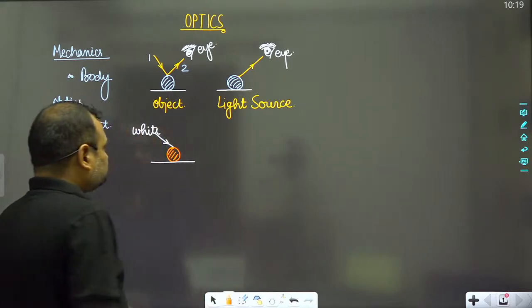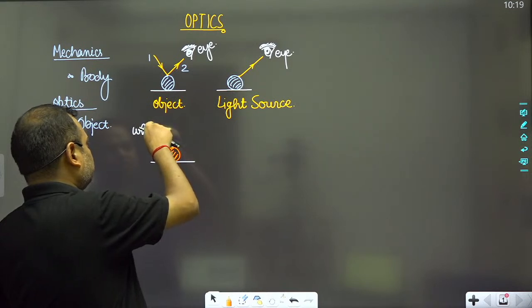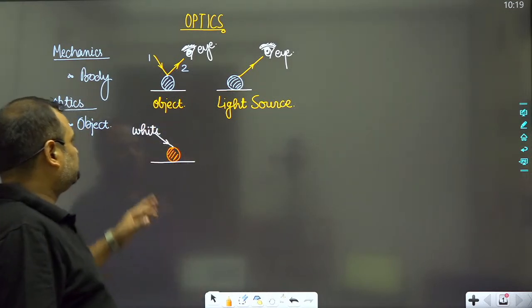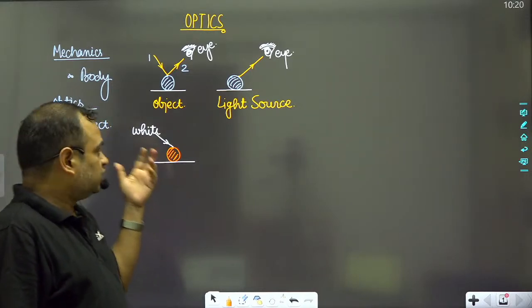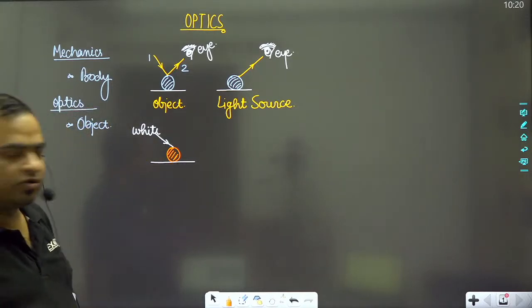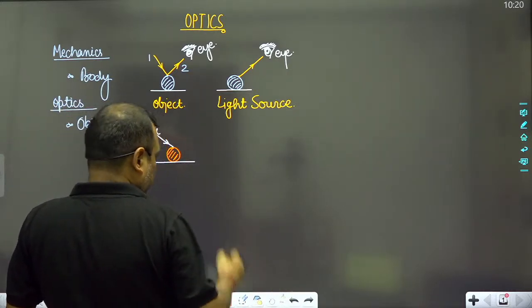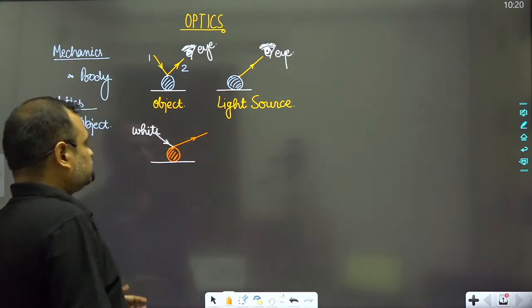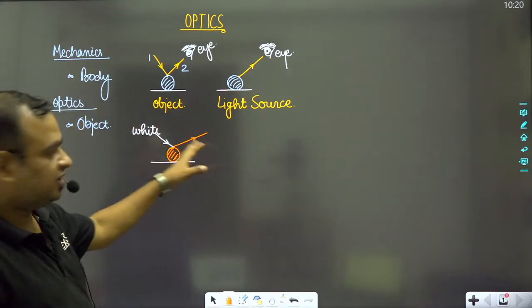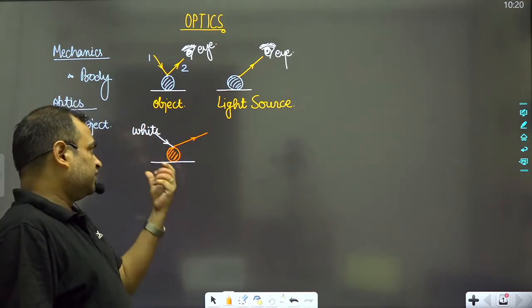When this white light ray falls on this orange color body, then obviously the orange color light ray goes like this. So the orange color light ray gets reflected, and all the other six colors get absorbed by the body.